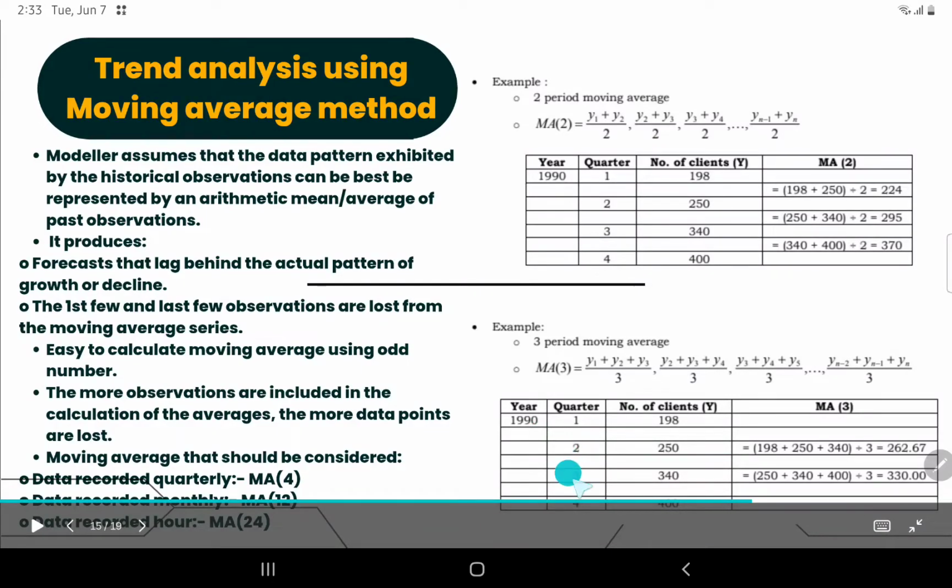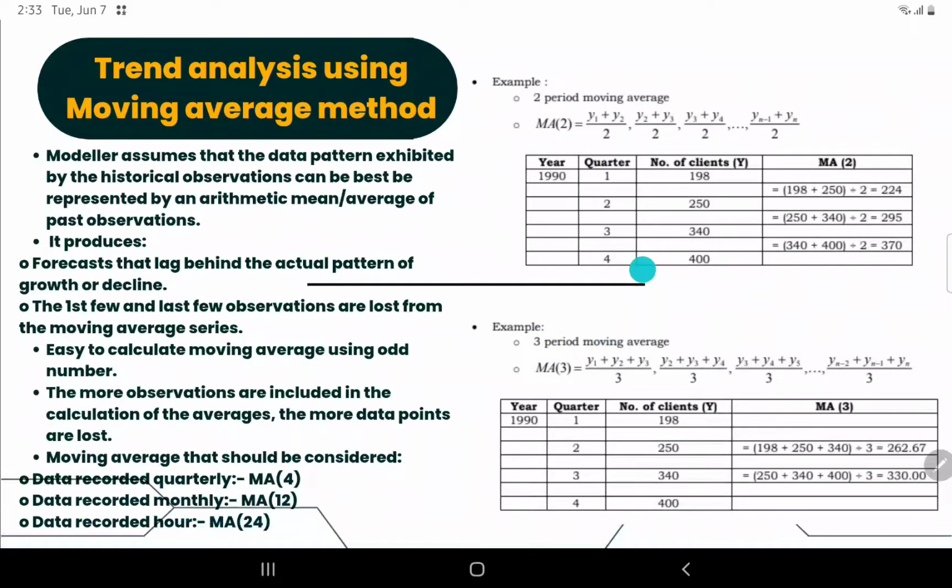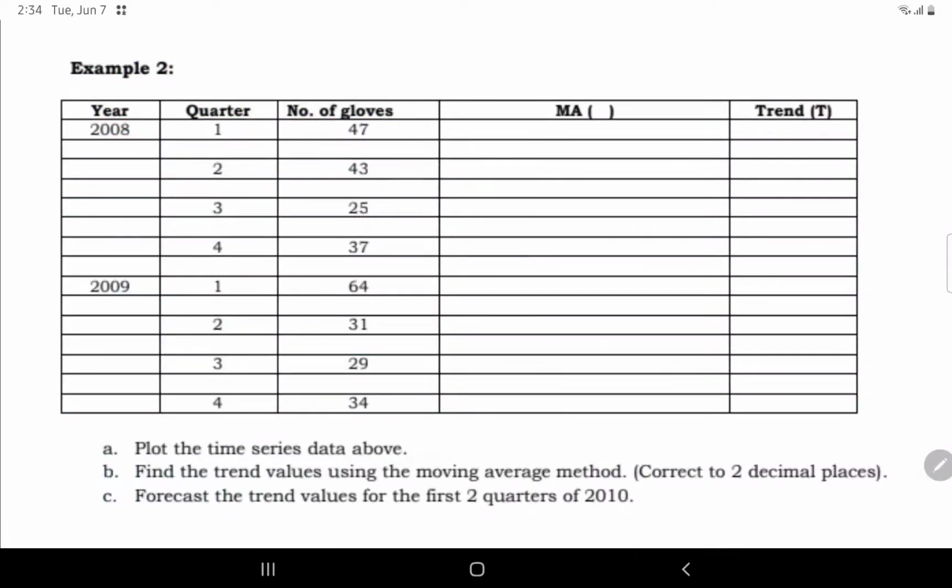So the data is 250 plus 340 plus 400 divide by 3. So the answer is 330.00. That's how we conduct the 2 period and 3 period moving average. Based on question lah, dalam soalan tu dia akan bagi tahu kita punya moving average berapa period. So kita tengok this example.